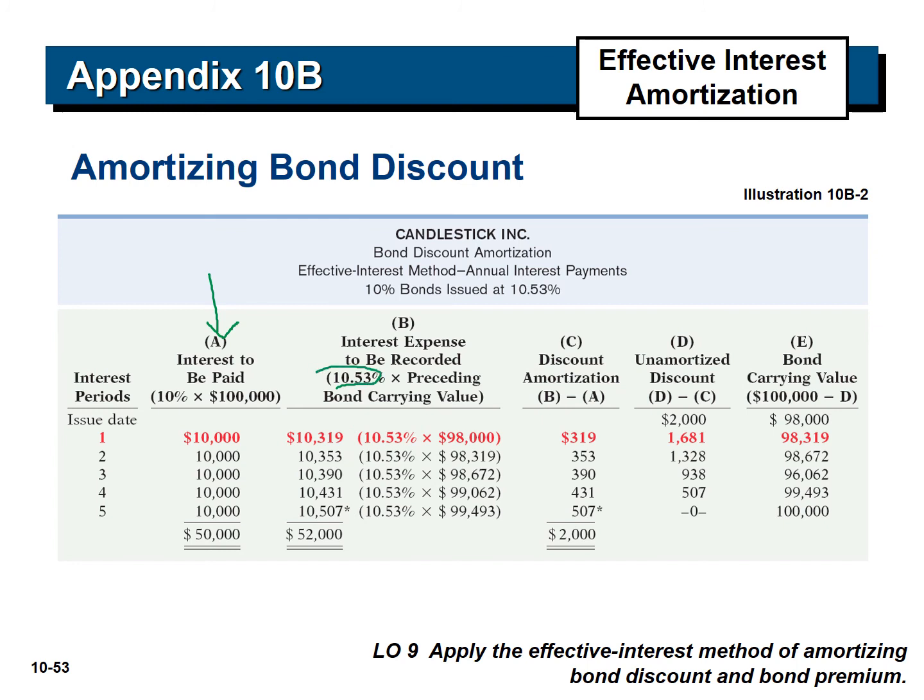So the beginning carrying value for the first period is 98,000, which is right here, times the effective rate gives you the interest. Then take the difference between those two columns. The difference between these two gives you that. After that it's the same. So the only difference is how to prepare column B.